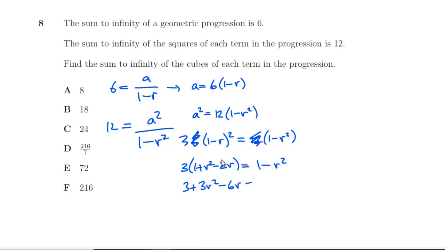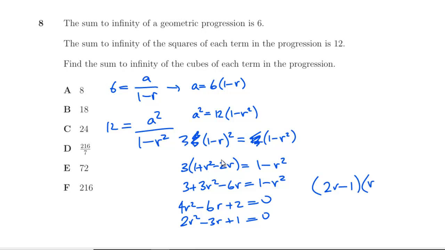I didn't really need to do that line, did I? 4r squared minus 6r plus 2 is 0. 2r squared minus 3r plus 1 is 0. So I'm going to be getting a 2r minus 1, and r minus 1. We can't have r is 1 because it won't converge. So I've got r is a half, which means that a is going to be 3.